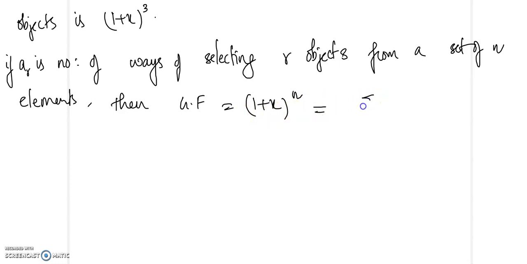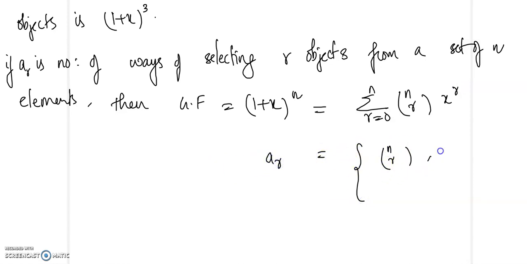As you know, using the binomial expansion, this is summation r equal to 0 to n of nCr x power r. Therefore a_r will be nCr when 0 less than or equal to r less than or equal to n, and it will be 0 when r is greater than or equal to n plus 1. So that is how we represent the generating function for the number of ways of selecting objects from a set of n elements.